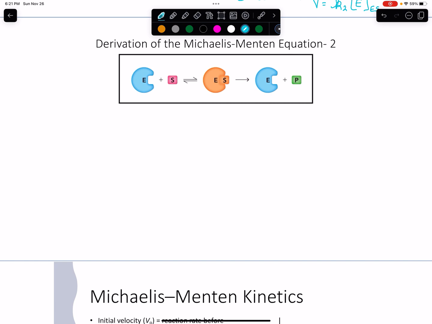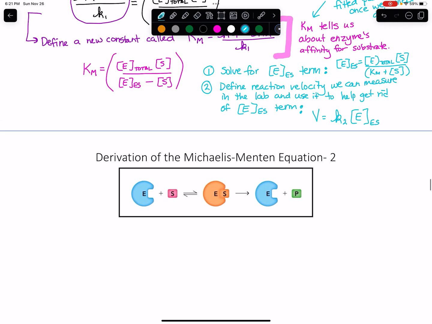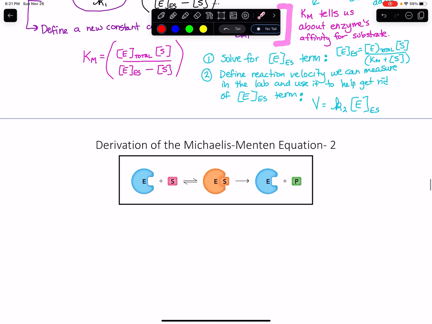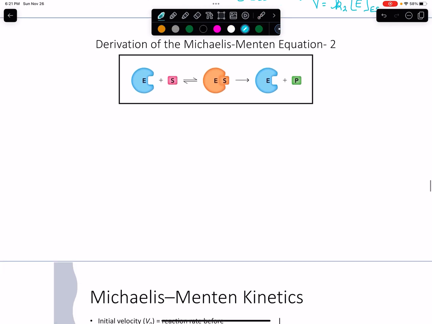What we're going to do is take this equation right here and multiply both sides by K2, and maybe we will see something that looks like this, and we can substitute V in for that, because V is something we can measure in the lab. Aren't we crafty ones?